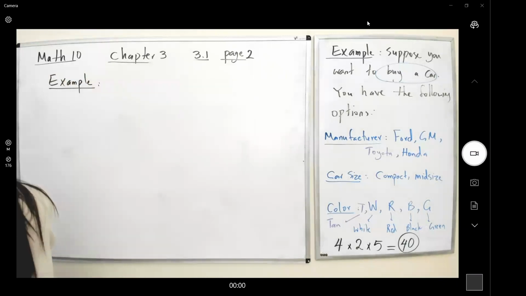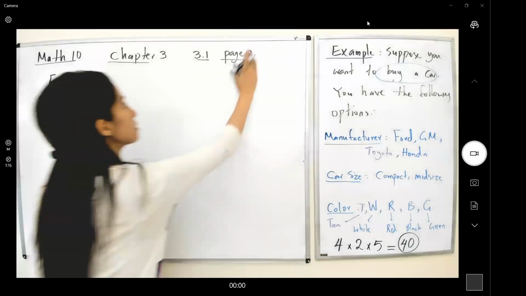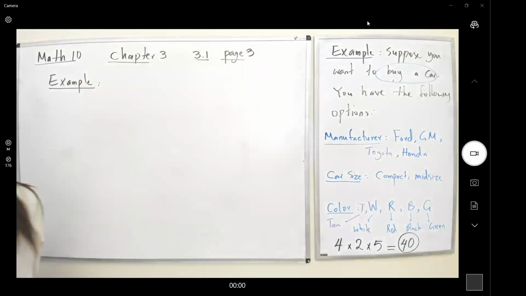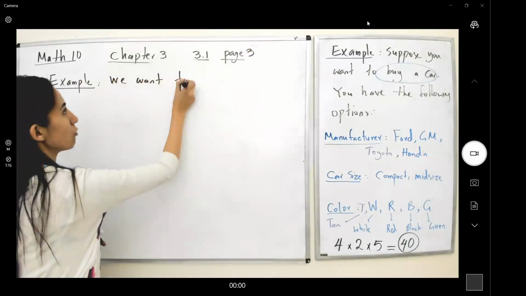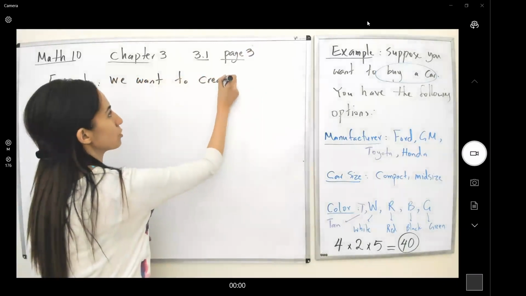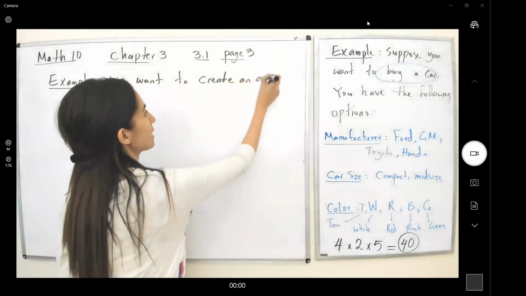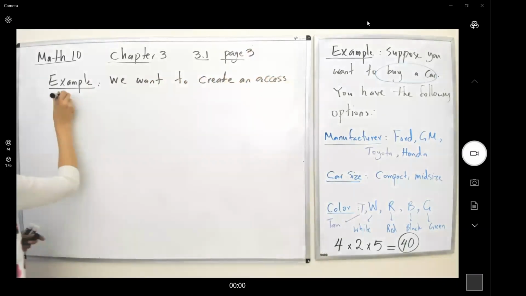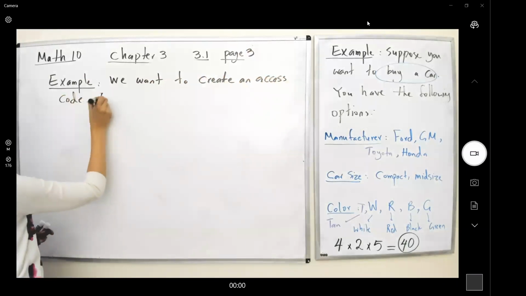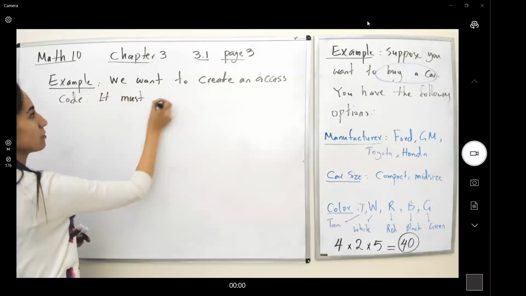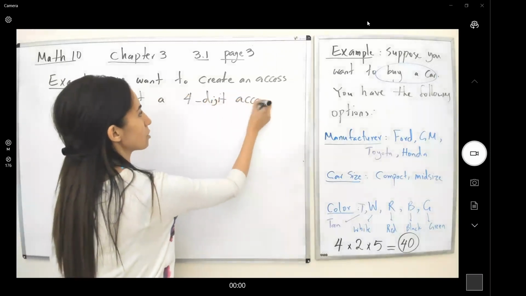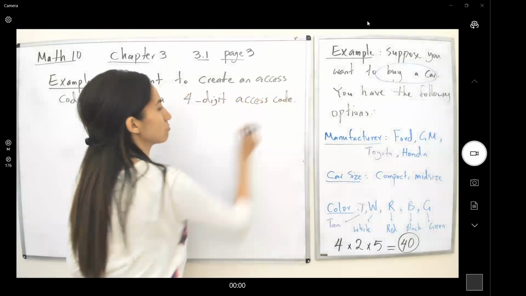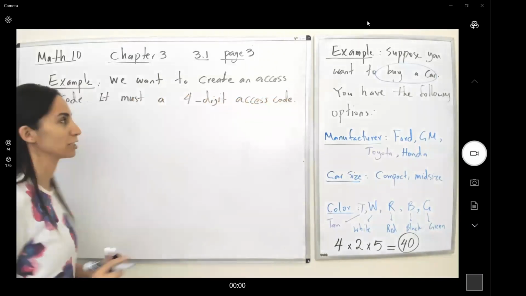So the question on page 3 says, you want to create an access code. It must be a 4-digit access code. Answer the following.